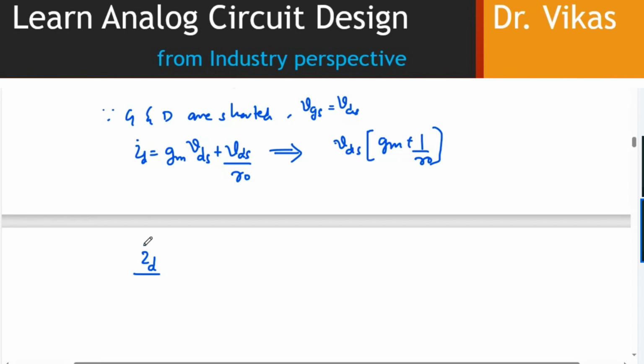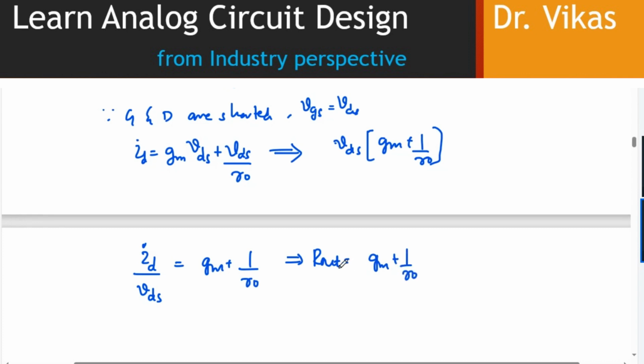Whatever resistance I get should be represented in terms of its output parameters, which are nothing but the drain current and the drain to source voltage. So I'll bring this VDS down over here. What is it that I want to get? Gm plus 1 by R naught. So basically this thing, R out, I can say that Gm plus 1 by R naught would be your R out.